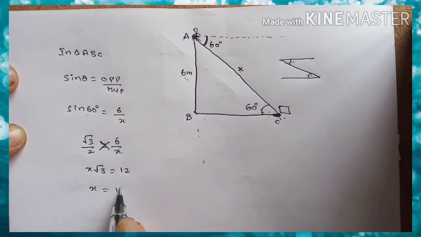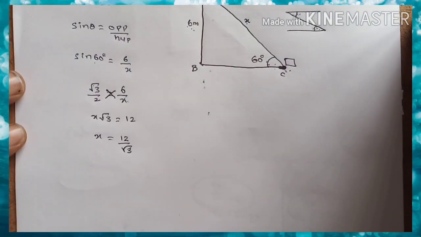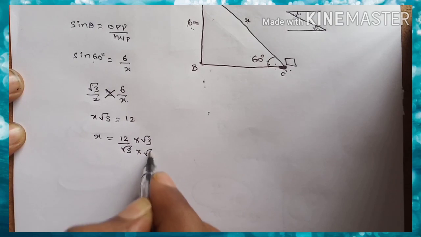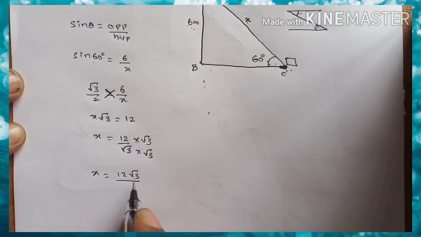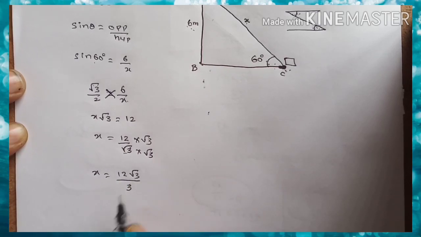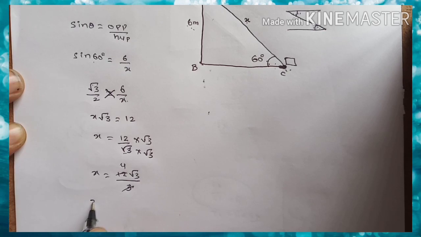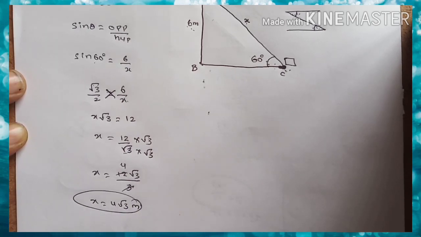So the value of x is equal to 12 by root 3. You can apply rationalization, so multiply with root 3. So 12 into root 3, 12 root 3 by root 3 into root 3, which is 3. 3 fours are 12, so the value of x is equal to 4 root 3 meters.